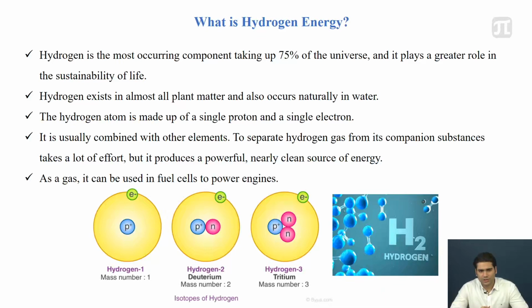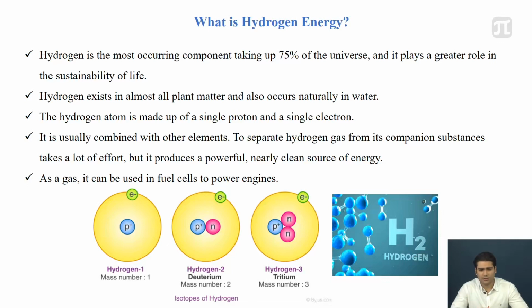So what is hydrogen? As I told you, hydrogen is the most abundant element in the world, and it has three different isotopes, H1, H2, and H3. When we talk about hydrogen production, we are going to talk only about H1, the first isotope of hydrogen.